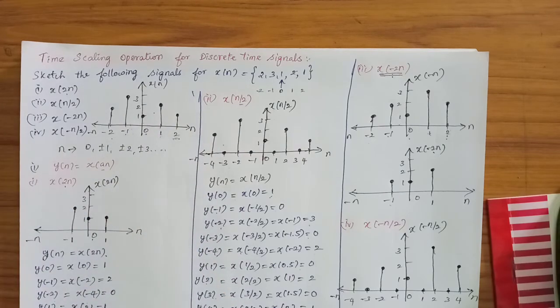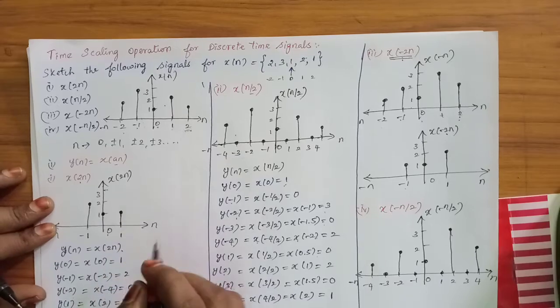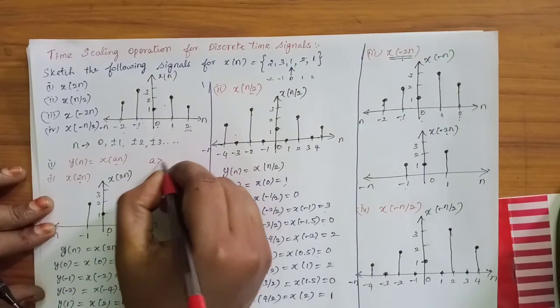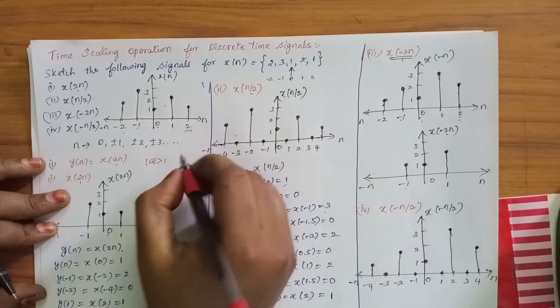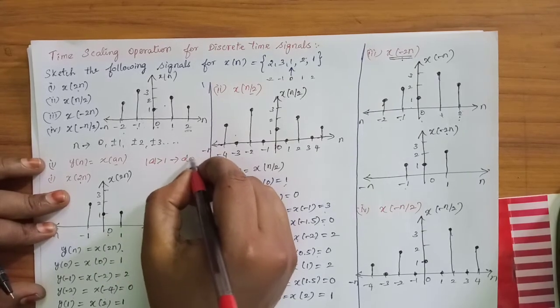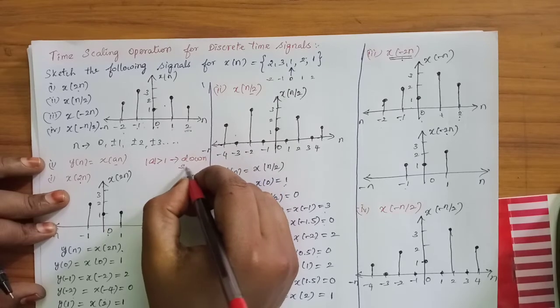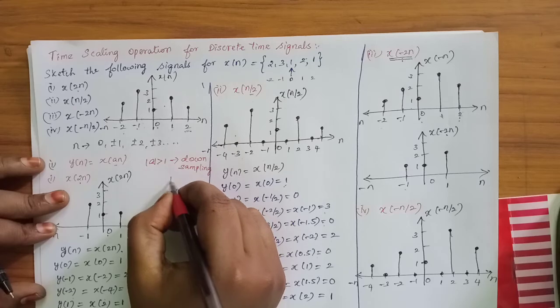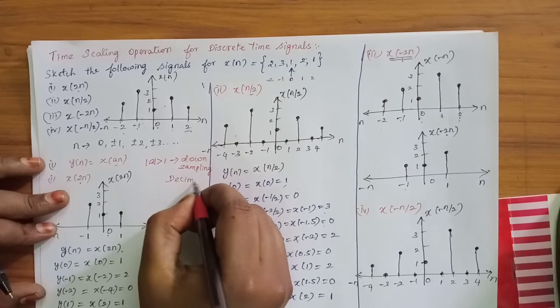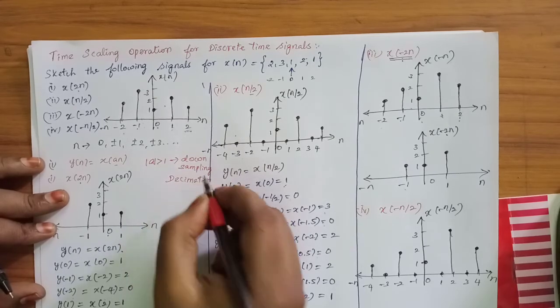Whenever the modulus of a is greater than 1, the number of samples gets decreased. It's called downsampling or decimation in time.